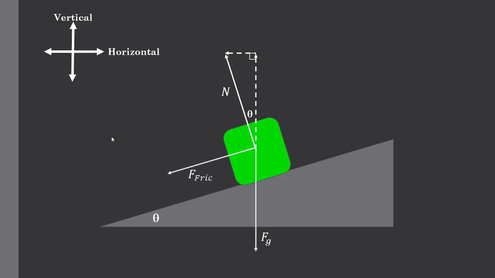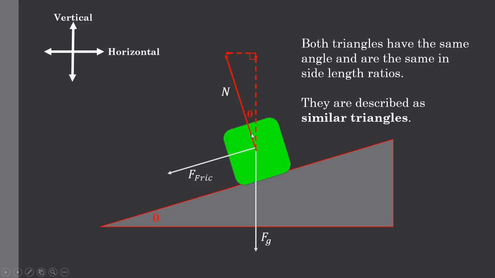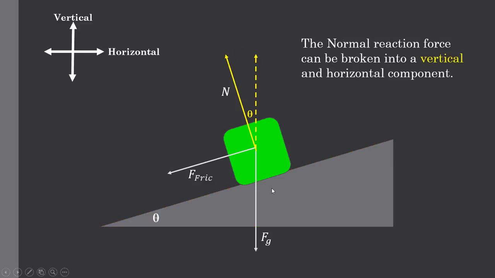What we need to do first of all to understand what's happening in terms of forces is resolve or break down our angled forces into horizontal and vertical components. So you can see here that the normal can be broken into a right angled triangle. Importantly, that right angled triangle has exactly the same proportions and angle as that of the inclined ramp. It is a similar triangle.